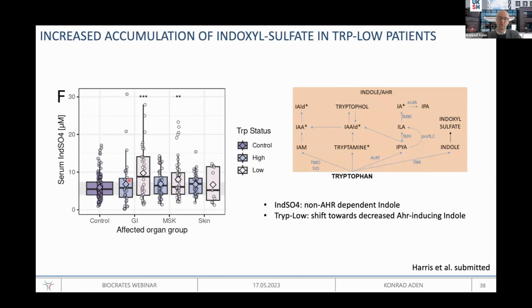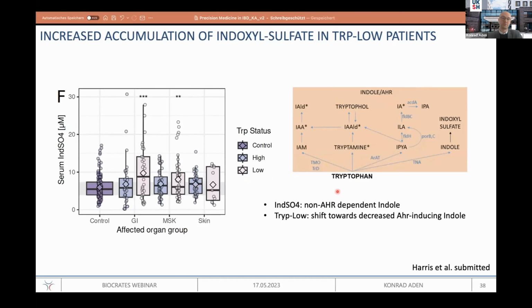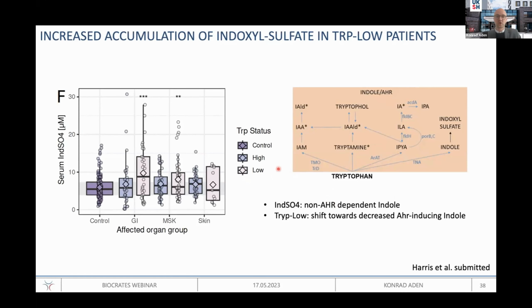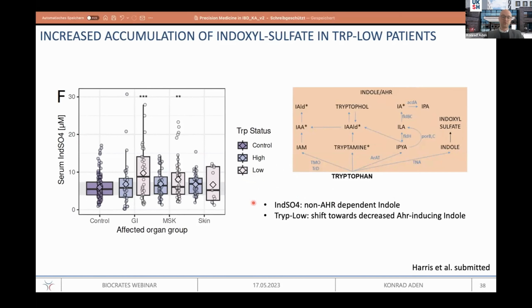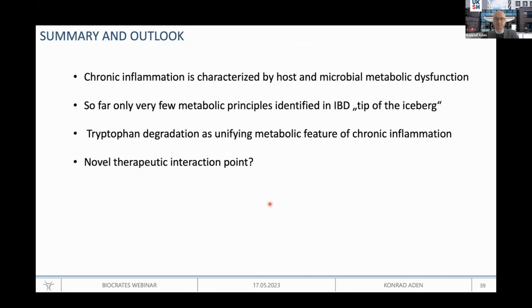What we observed, which is not shown in this panel here, is that the majority of indoles that are AhR inducers were decreased in patients with low tryptophan, but we also observed one very interesting accumulation of indoxyl sulfate, an indole which is further metabolized in the liver and is known as a uremic toxin. This indoxyl sulfate was one of the indoles that were specifically overabundant in patients with low tryptophan.